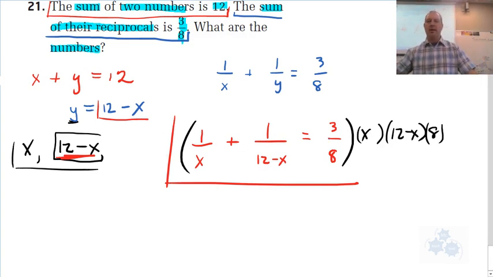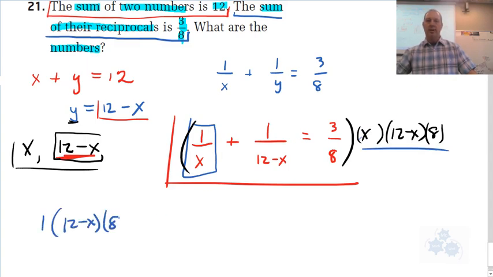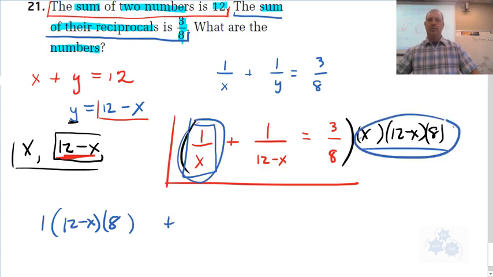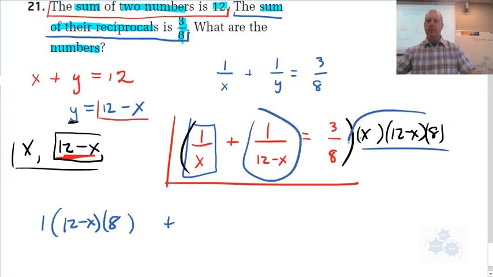So the next step is, when we multiply this first term by all of these, the x's will cancel out. See that? So over here I have 1 times 12 minus x times 8. That's what this times this turns into. For the next one, the 12 minus x's cancel out.